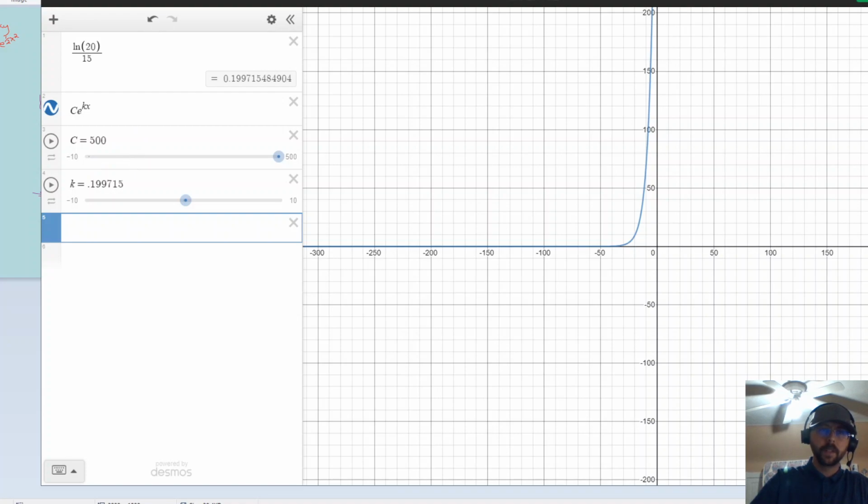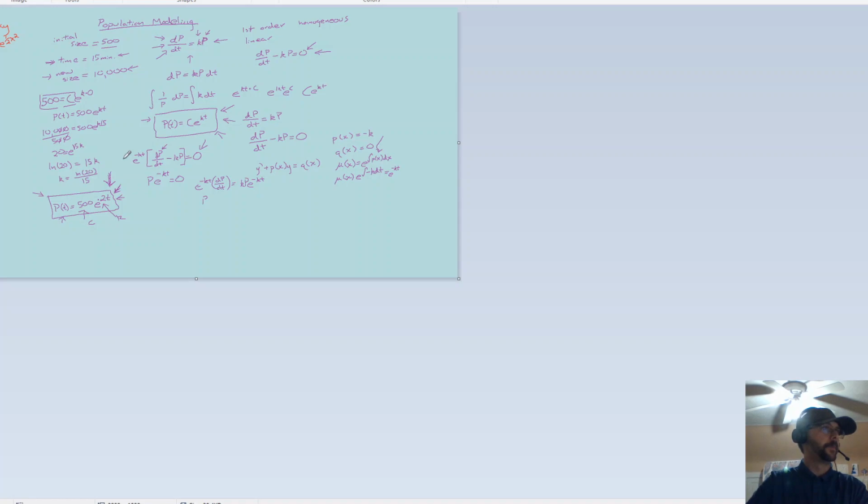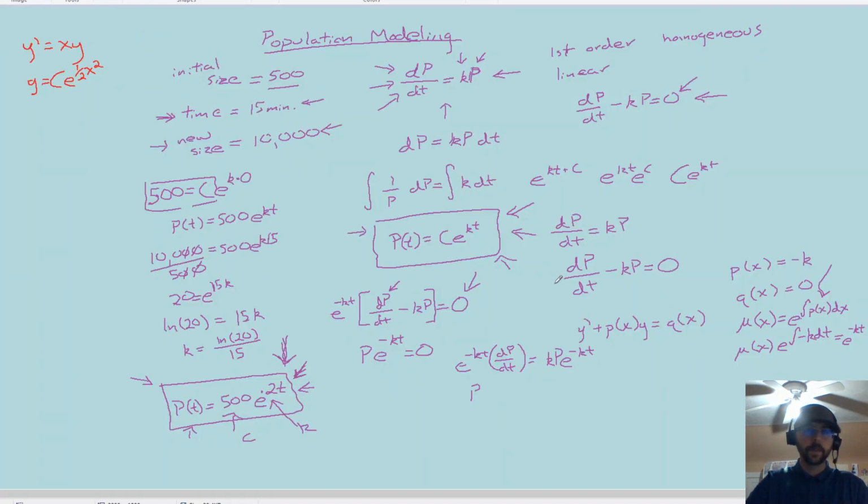So it's growth and not decay, so let's go back to our problem. Alright, there we go. So P of t equals 500. Something's not right.